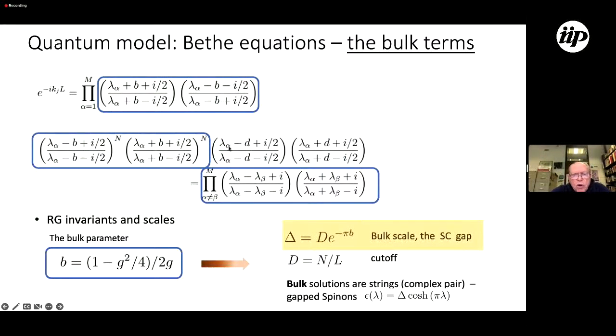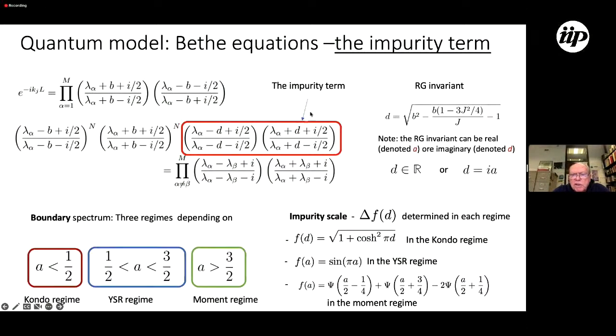So again, these are the equations. If I remove these terms, this is just the bulk terms with the parameter B, which describe the superconductor. This opens a gap, D to the e^(-pi B), that is the bulk scale, the superconducting gap, and that is all in blue. And if I add these terms, these are the impurity terms coupled now to the bulk, characterized by D, which is the RG invariant.